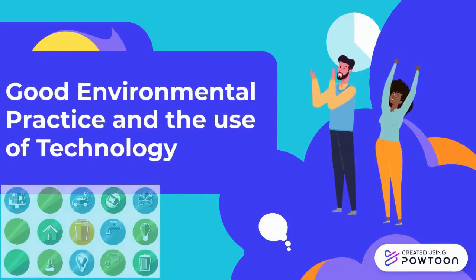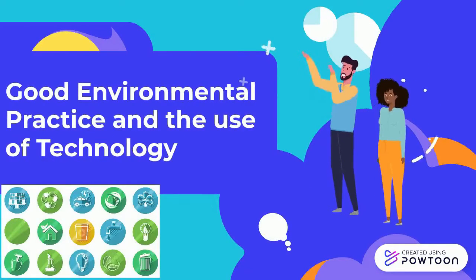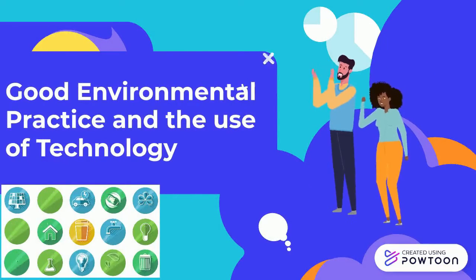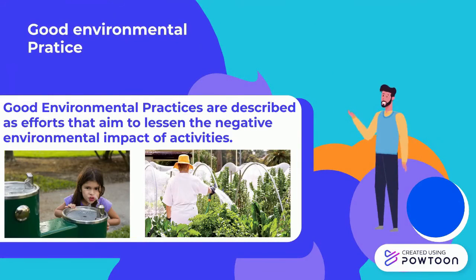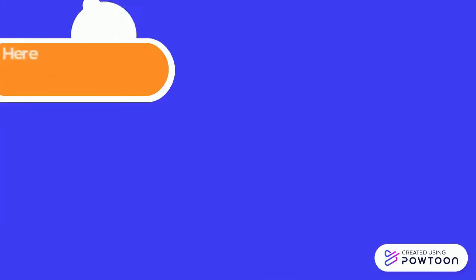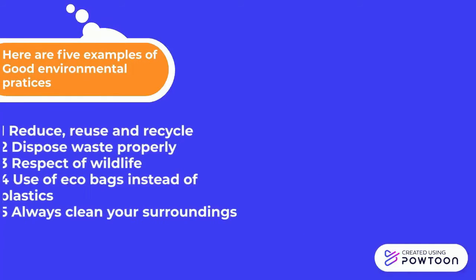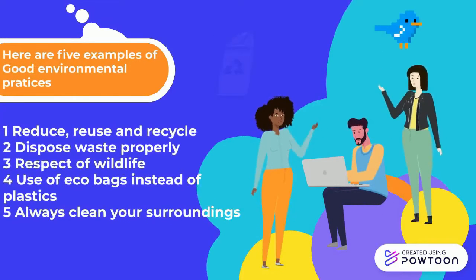Good environmental practice and the use of technology. Good environmental practices are described as efforts that aim to lessen the negative environmental impact of activities and processes by changing and improving the way they are organized and developed.